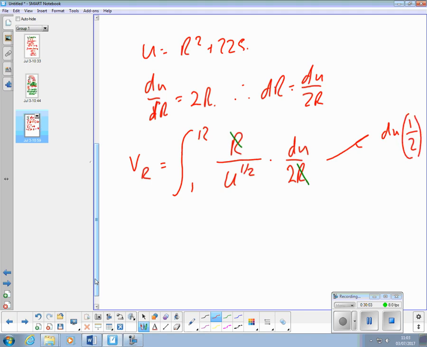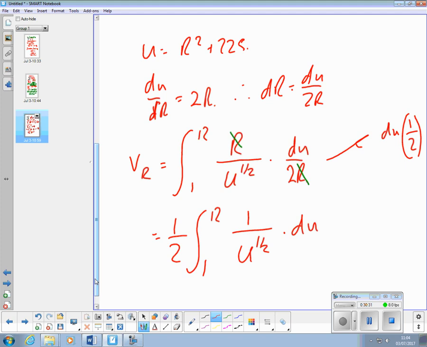Yeah. All right. So that half comes outside. That equals a half the integral between 12 and 1 of 1 over u to the half du. So all that process has got it in terms of du and cancelled that r out of there.